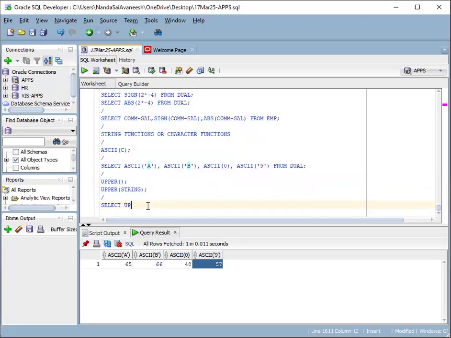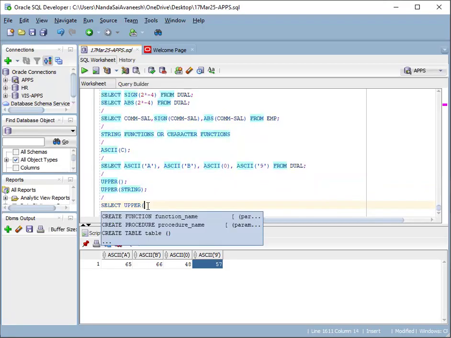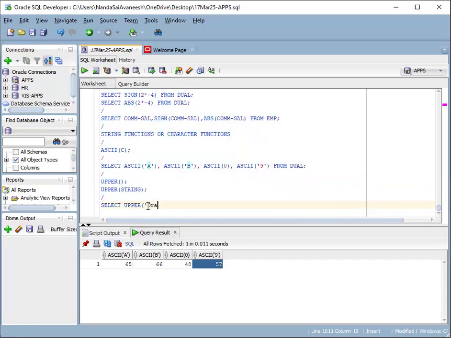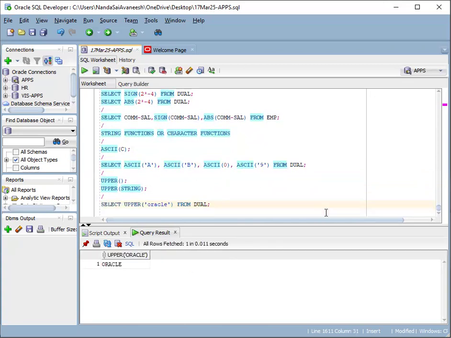Select upper of, suppose, Oracle from dual. I am giving it in small letters. So select upper of Oracle from dual means it is converting the small letters into capital letters.